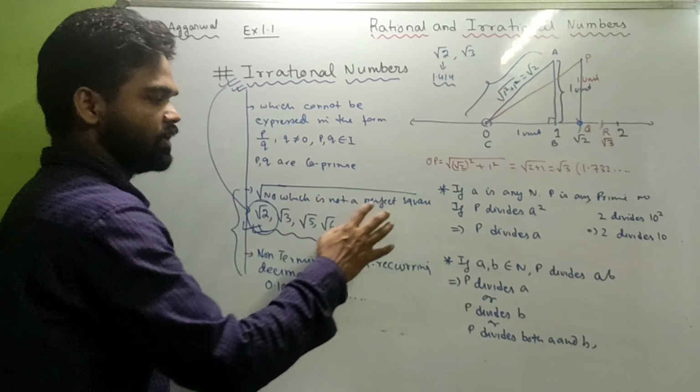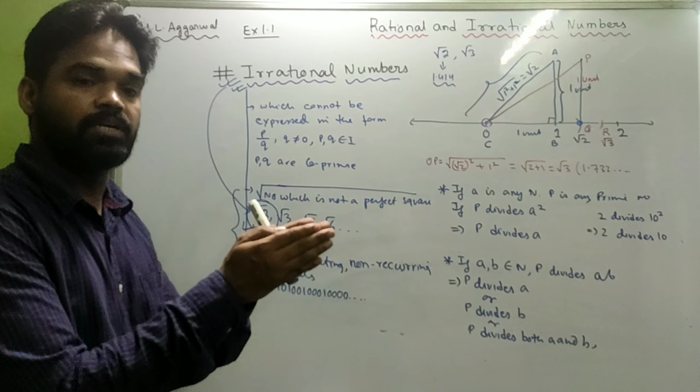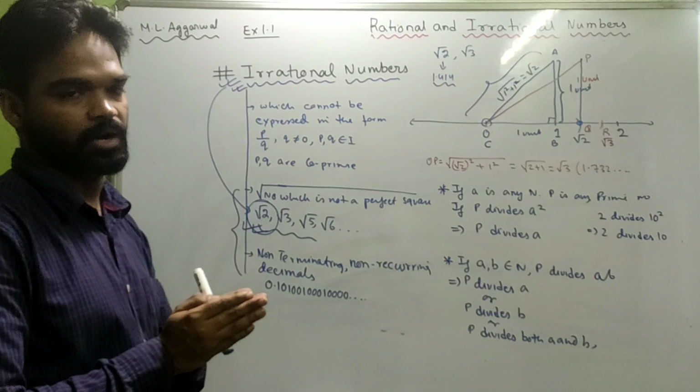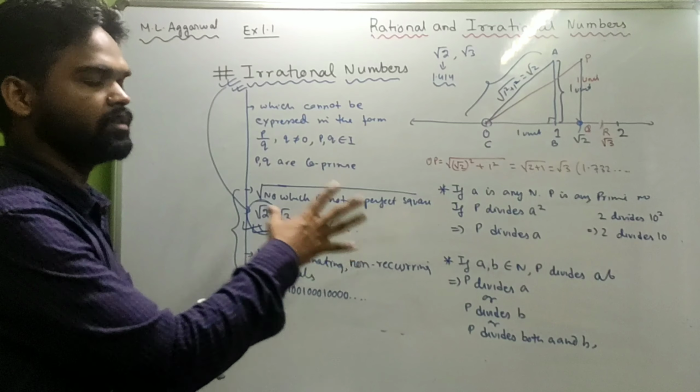These two properties will be used to prove that a given number is an irrational number by contradiction method. Am I clear? Let's see sums from the exercise based on this.